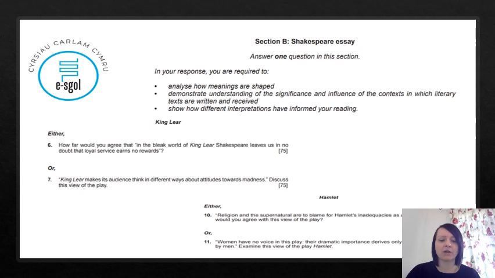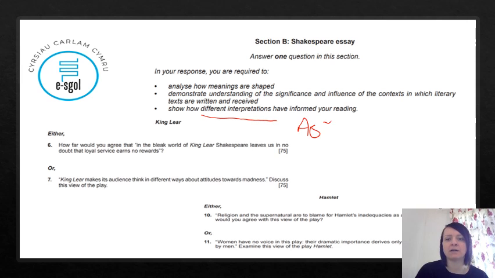So here you've got examples of the types of questions you may come across, just the overview that you'll have at the start of your paper. In your response, you're required to analyse how meanings are shaped, and demonstrate understanding of the significance of influence. This is reminding you essentially about the AO5.